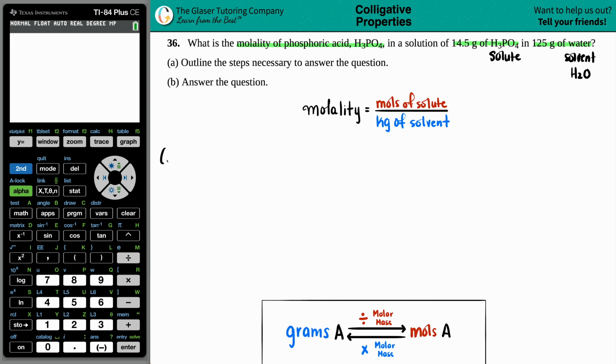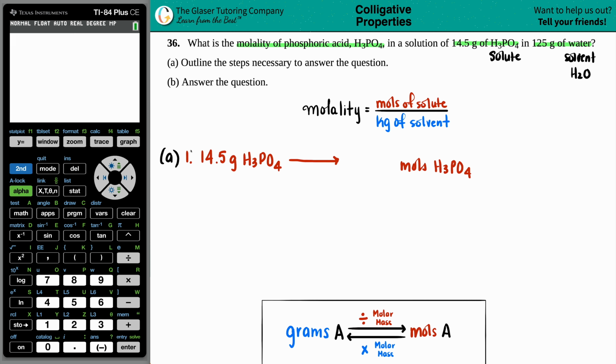So we can start by talking about letter A. Now, letter A, we just have to outline the steps. We need the moles of the solute. They gave us grams. So the first thing we have to do is convert the 14.5 grams of the H3PO4 into moles of H3PO4.